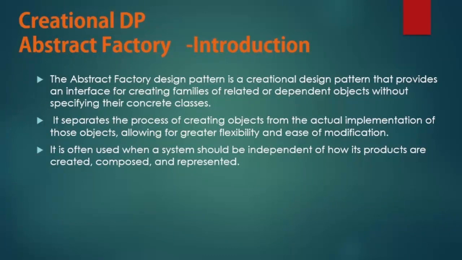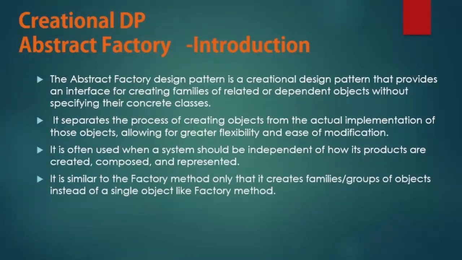It is often used when a system should be independent of how its products are created, composed, or represented. It is similar to the factory method, only that it creates families or groups of objects instead of a single object like factory method.